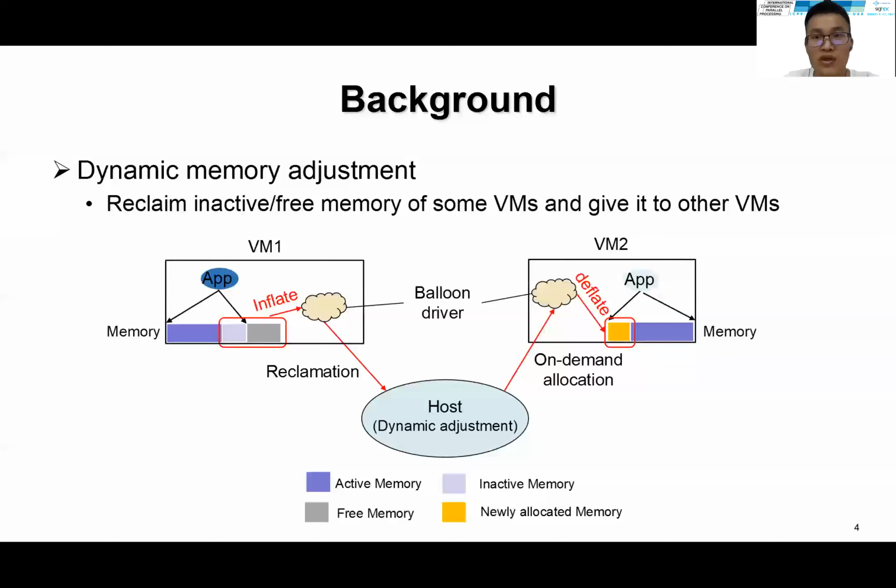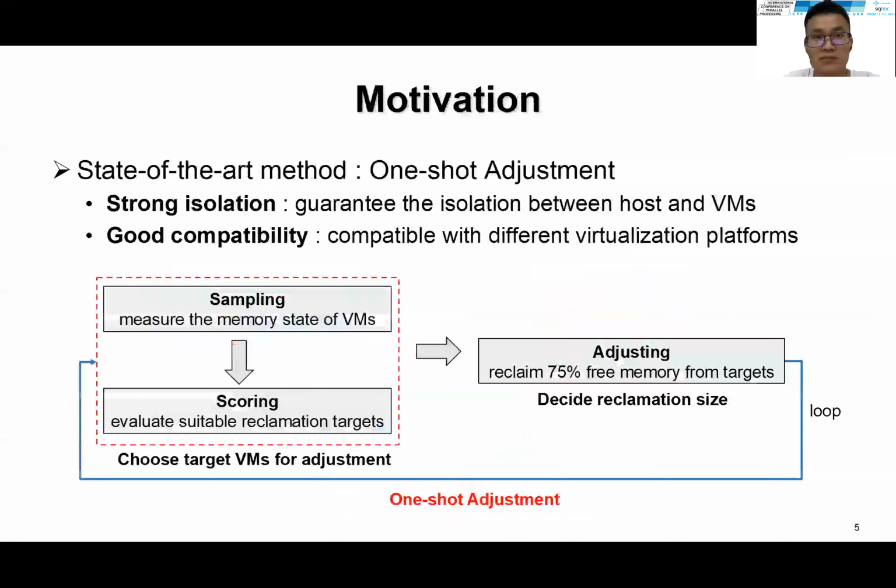The common way to use it is to implement a controller in the host, which determines the target VM and the amount of memory to be adjusted. When the host needs to reclaim memory from one VM, the controller issues an inflate command to the corresponding balloon driver.